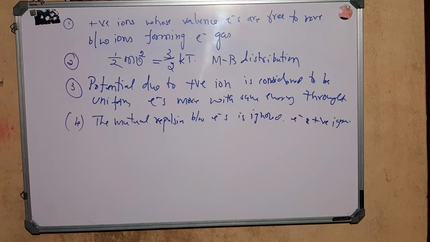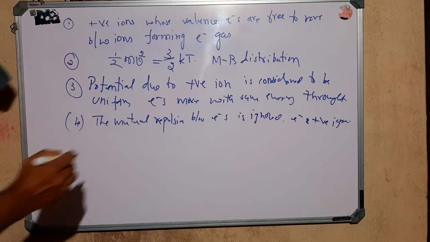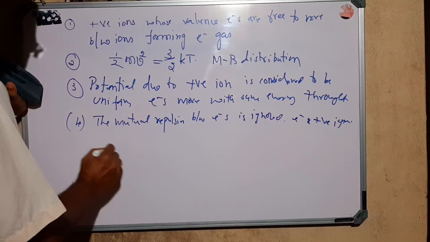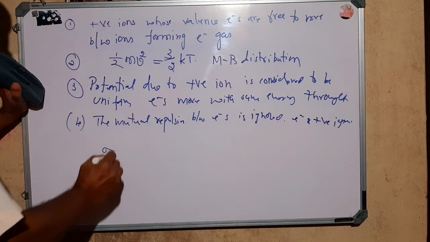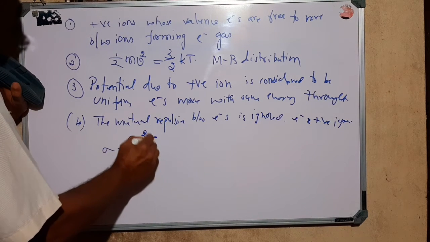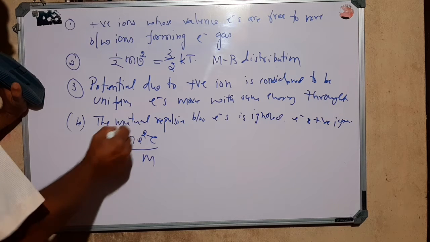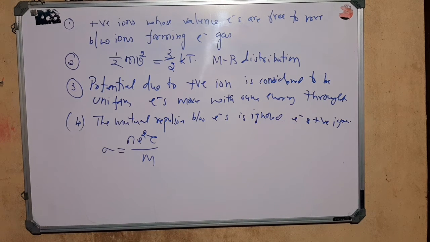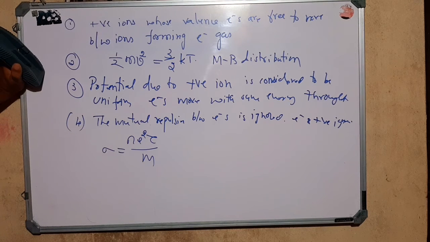See, based on this assumption, the expression for electrical conductivity is deduced as sigma is equal to n e squared tau by m, where n is the concentration of electrons, e is the charge of the electron, tau is the mean collision time, and m is the mass of the electron.